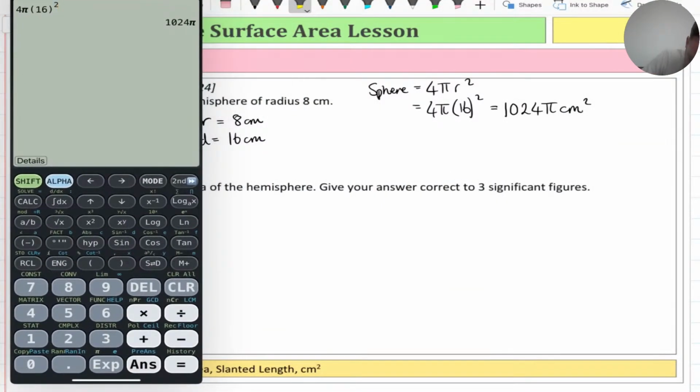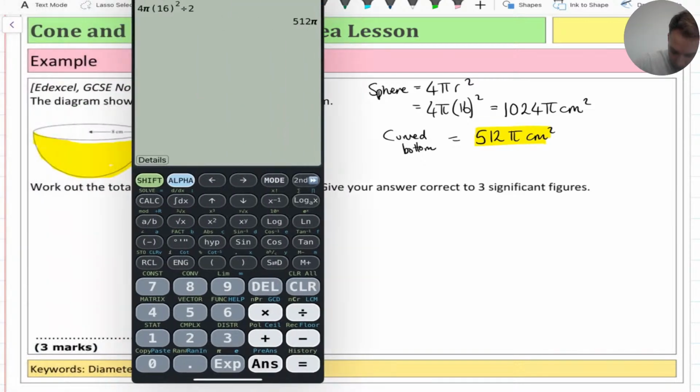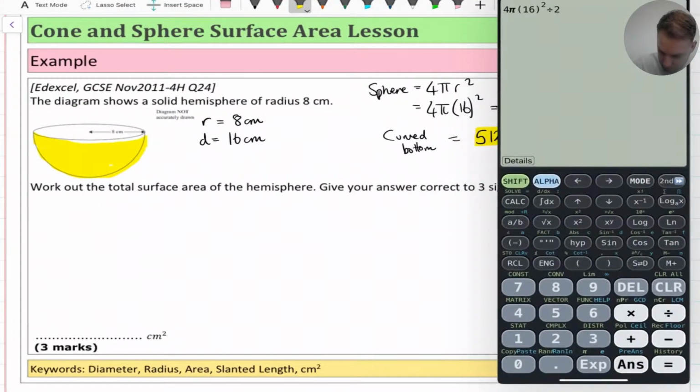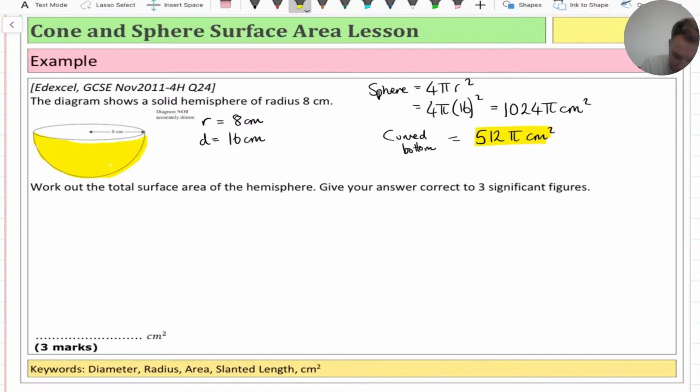So let's do the curved bottom, which is going to be this divided by 2, which is equal to 512 pi centimeters squared. Now I'm going to keep that in terms of pi, highlight it so I know which one it is. So I've got that curved bottom part. Now I need the circle on the top.